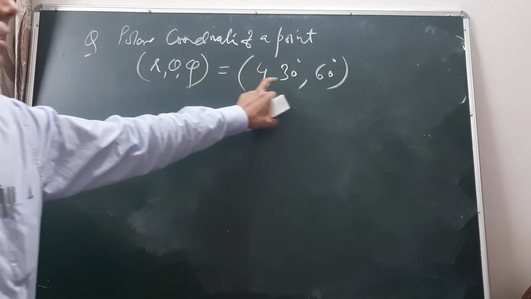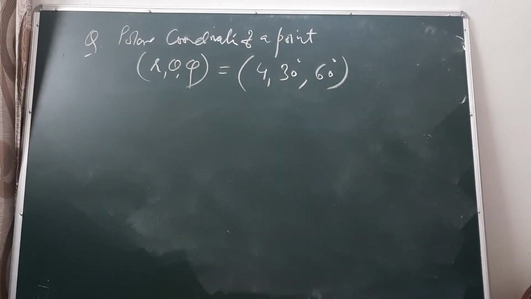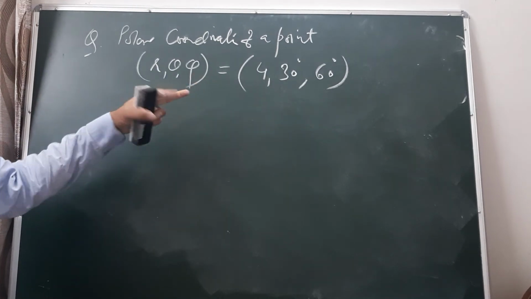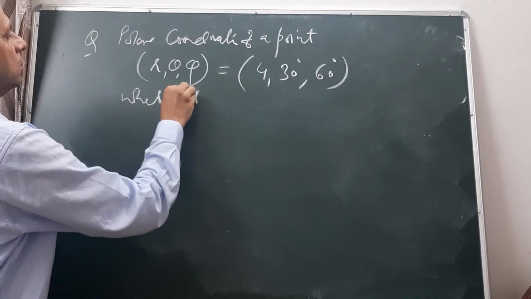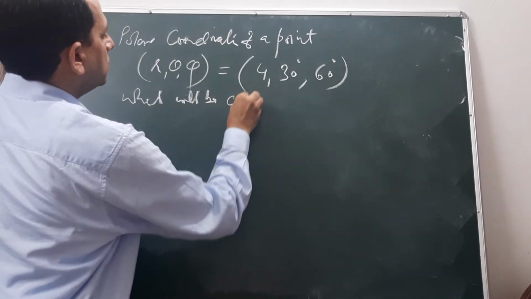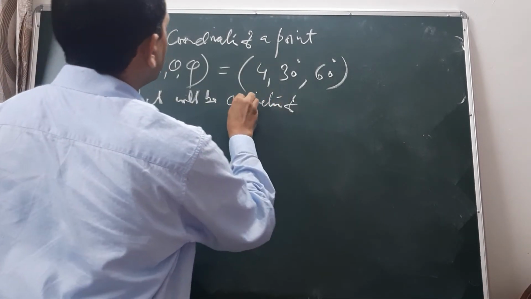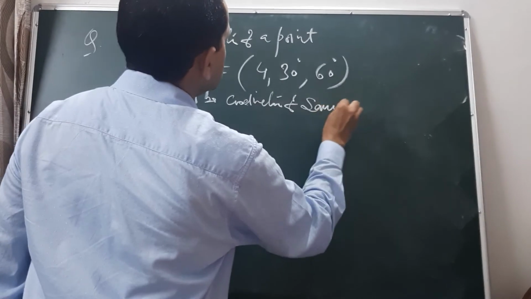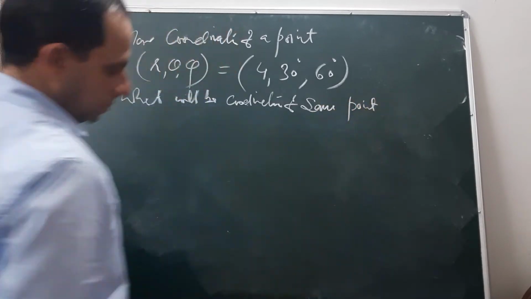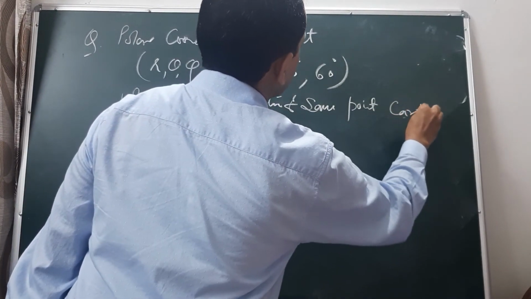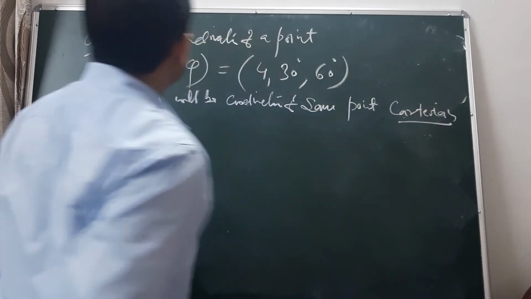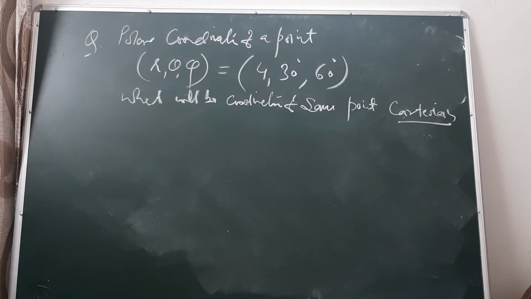These are the 3 coordinates of a point in the spherical polar system. What will be the coordinates of the same point in the Cartesian system? The point is the same, but it is measured in the Cartesian system. We have to find the Cartesian coordinates of the same point.